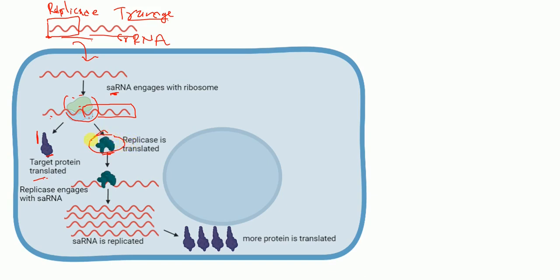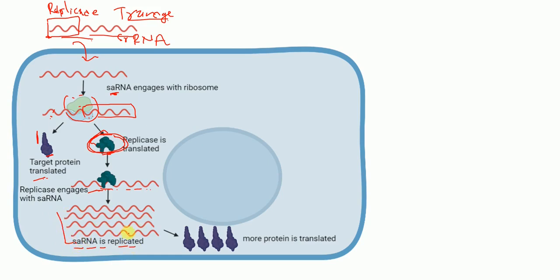So when this replicase is translated, what happens? This replicase machinery engages with our self-replicating RNA, and then the self-amplifying RNA is replicated, as shown here.